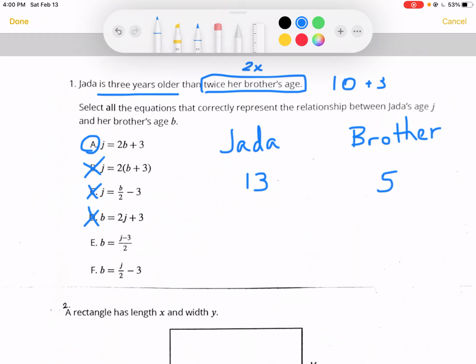For E, I'm taking Jada's age minus 3. So 13 minus 3 is 10, and 10 divided by 2 is 5, which is the brother's age. So I think E also works.